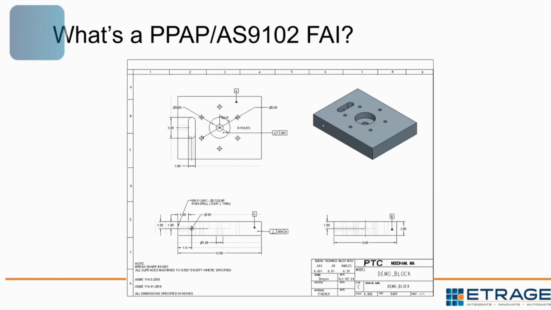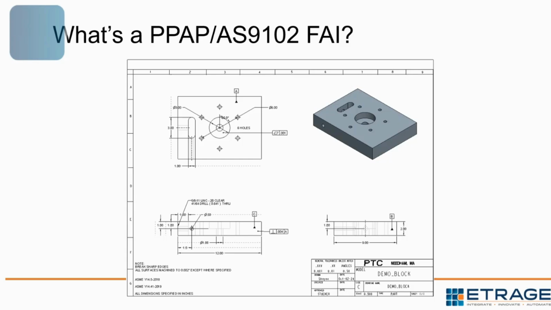All right, so that being said, we'll get into the meat of the presentation for the day. And so what is a PPAP or AS9102 FAI? So first off, first article inspection or FAI consists of a detailed verification and comparison of a product design or requirement versus results, so a production run essentially.